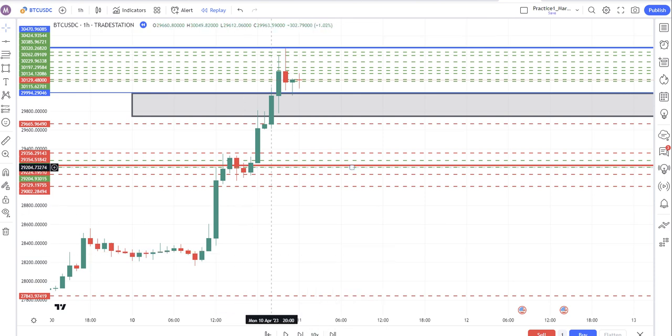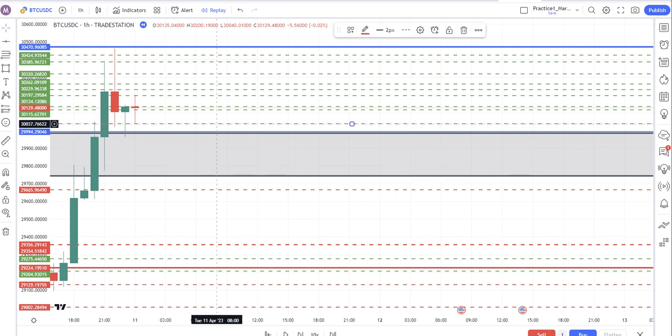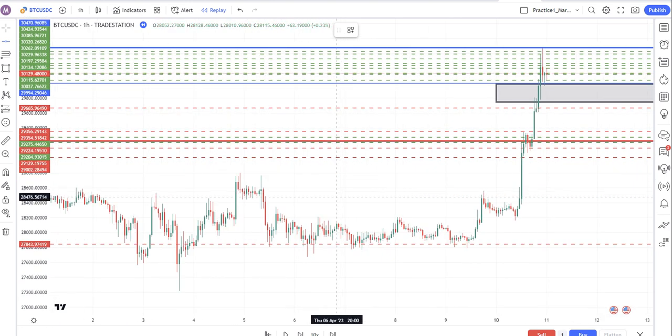This I'm going to remove. This doesn't interest me, and I'm going to add an additional target because this is crypto and it can move very fast. So I'm just going to add some additional zones. As I mark those zones, I'm trying to see where the wicks touch.